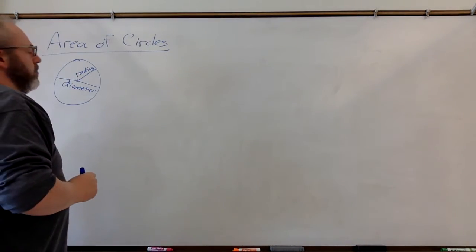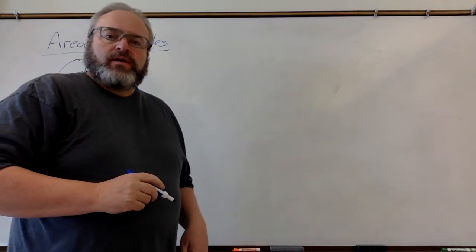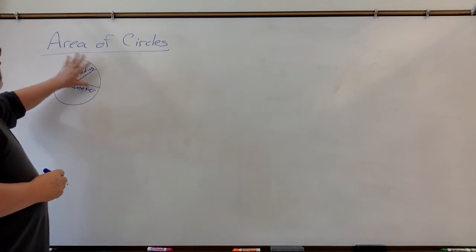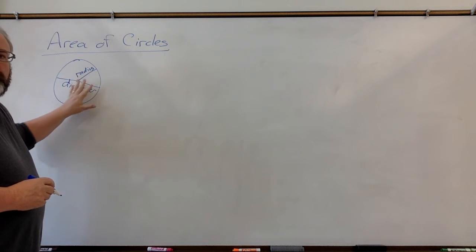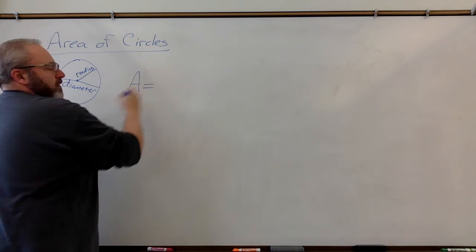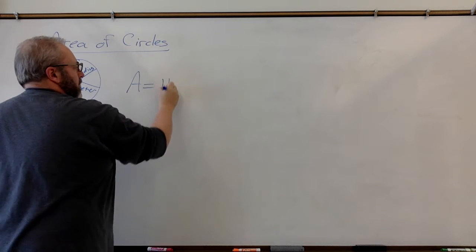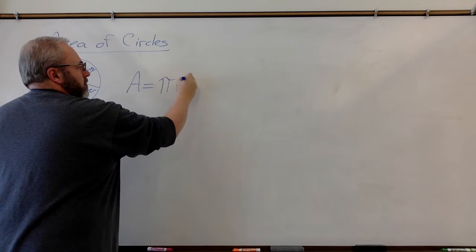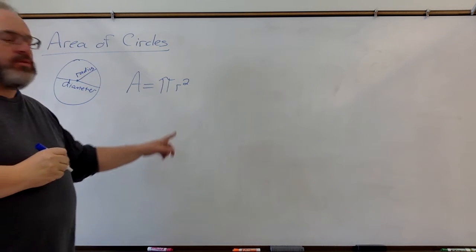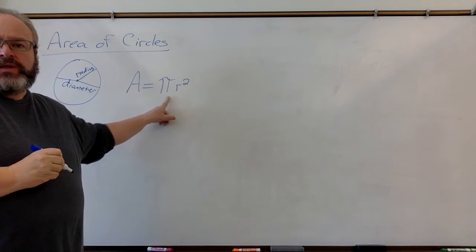Okay? So, to find the area of a circle, the area is how much flat space the circle takes up. So the area of a circle is pi times the radius squared. Radius to the second power, which means radius times itself.